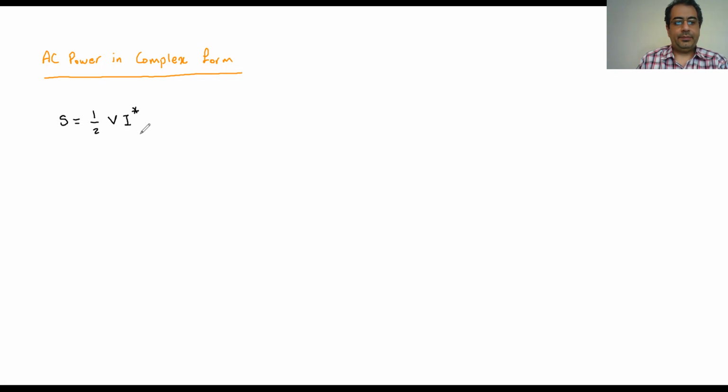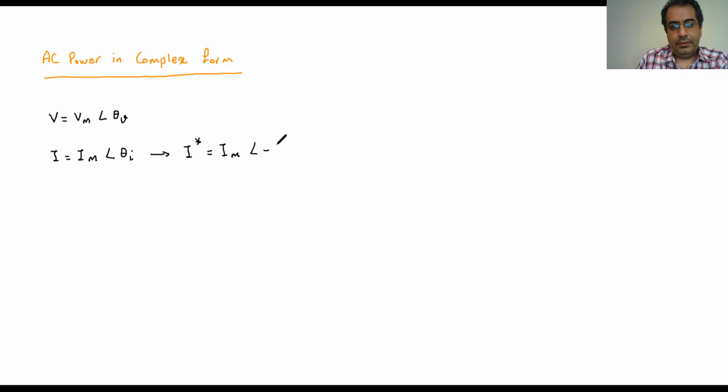Let me start from V and I. If I write the V, it is going to be V max with angle of theta V. And if I write the I, it is going to be I max with angle of theta I. Then the I star is going to be I max with angle of negative theta I. The magnitude is the same, just the sign of the angle is changing.